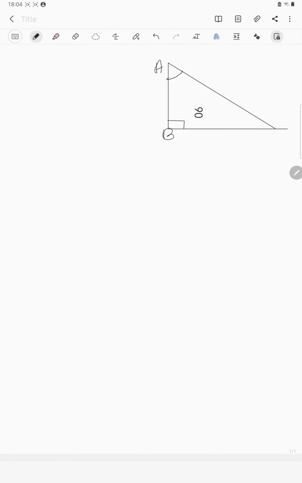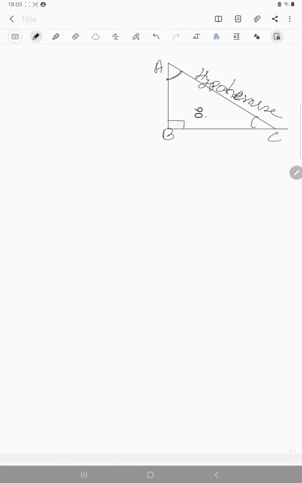So angle A is an acute angle, angle C is also an acute angle. Now we know that the side which is opposite to angle B is called the hypotenuse. Now with respect to angle A, I will find the different trigonometrical ratios.